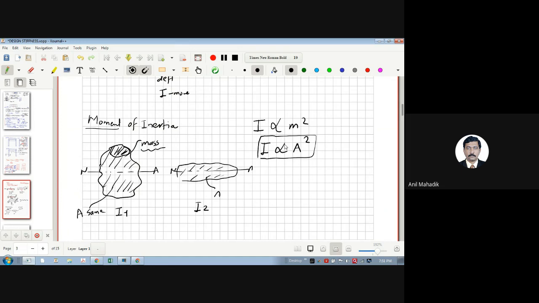Okay, in general. So if you want to increase the moment of inertia of any section, what do you want? You should keep the material as far away from the neutral axis as possible.